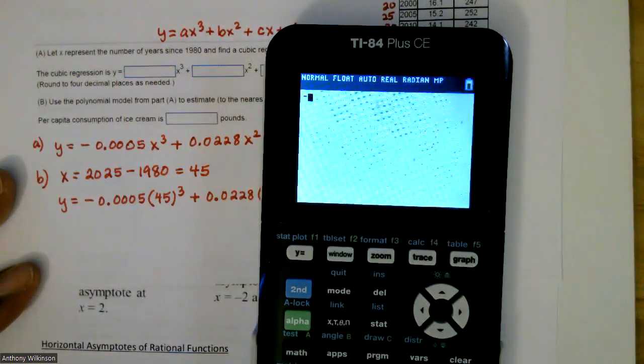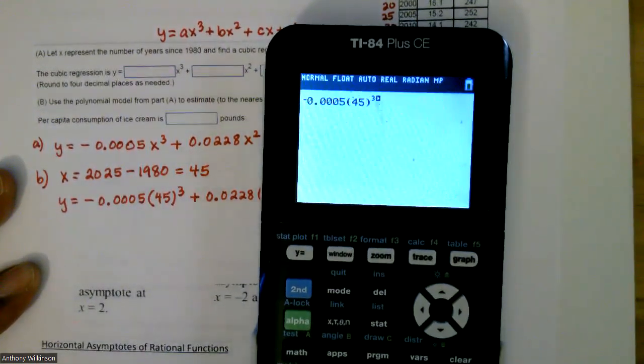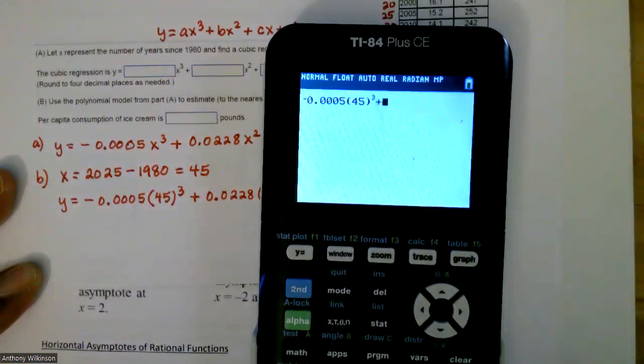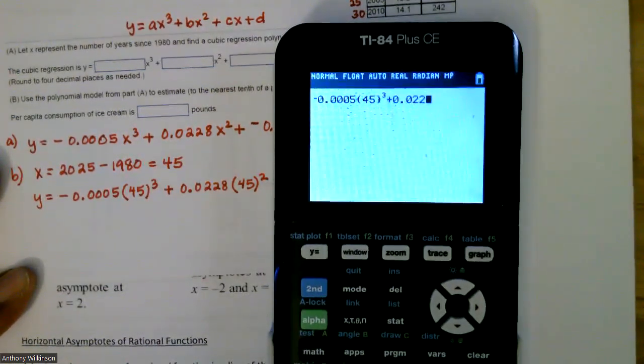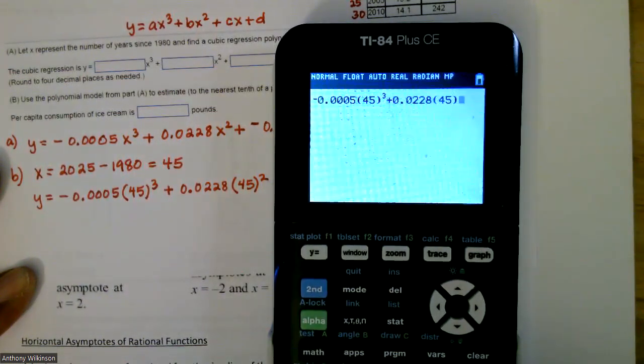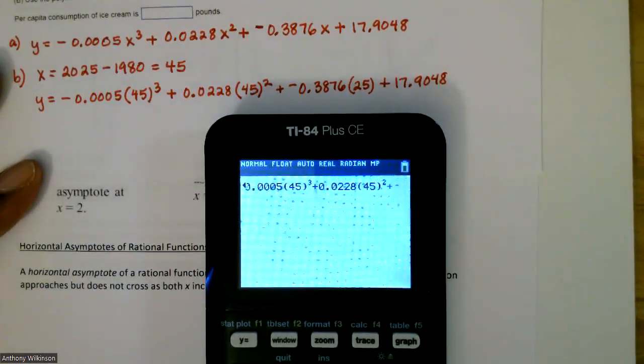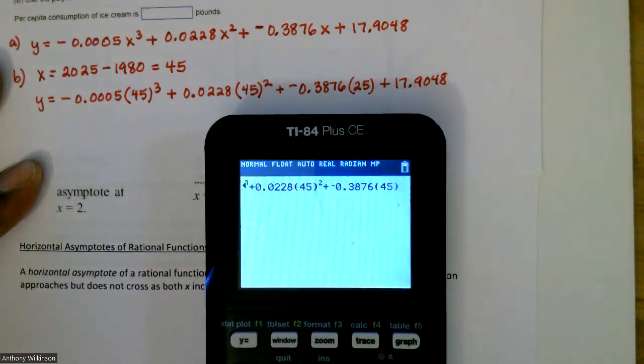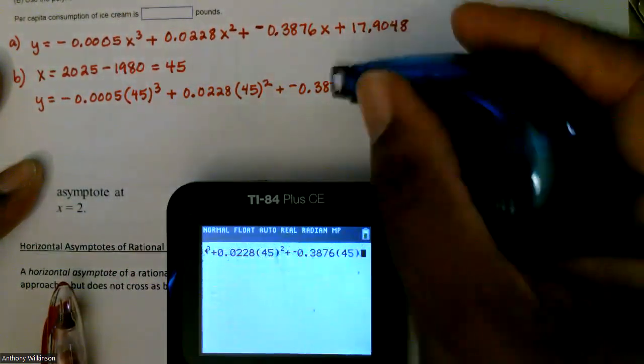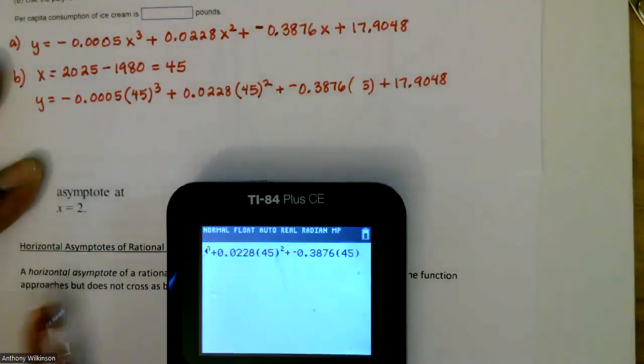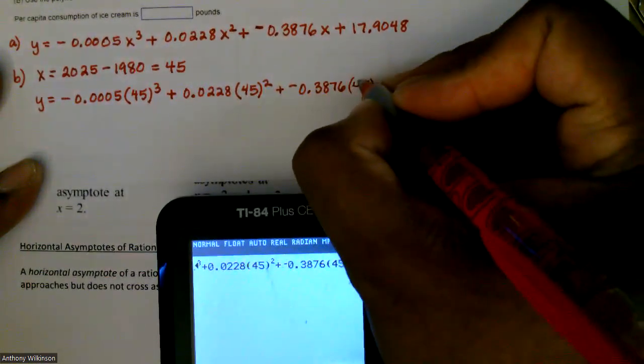So it'd be negative 0.0005, parentheses, 45, close parentheses, the hat key, and then cube, right arrow to get out, plus 0.0228, parentheses, 45, close parentheses, x squared to square it, plus, and this would be negative 0.3876, open parentheses, 45, close parentheses, and that should be 45, not 25. Because I'm replacing the x with 45.